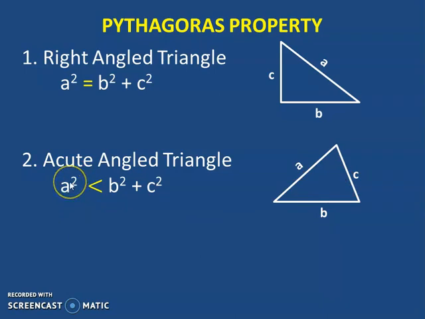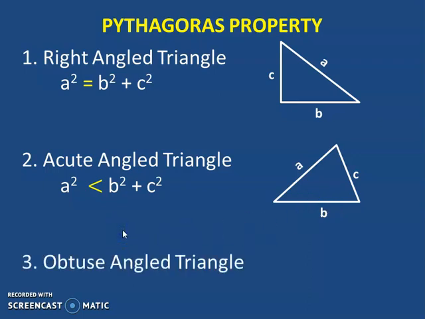We will find the square of this side, and for the other two smaller sides we will find the sum of their squares, so b square plus c square. If the square of the hypotenuse, the longest side, is smaller than the sum of the squares of the other two sides, it will be an acute angled triangle.